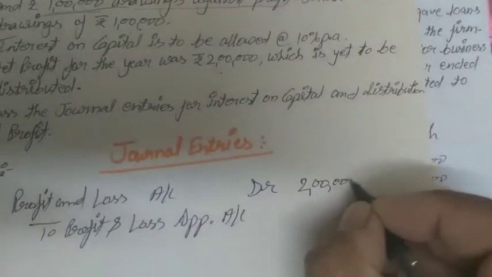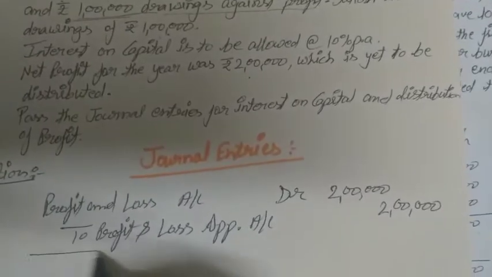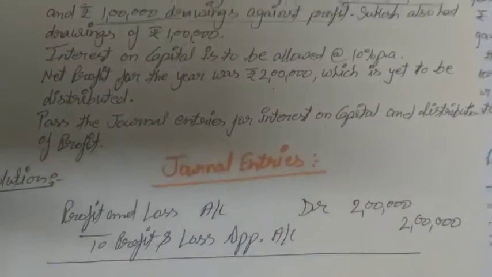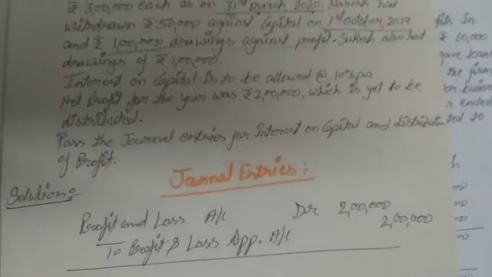The profit amount is 2 lakh of rupees. Narration: being net profit is transferred to profit and loss appropriations account.